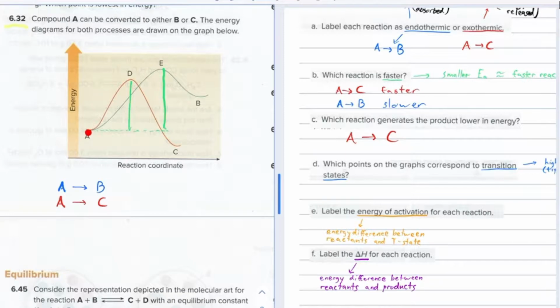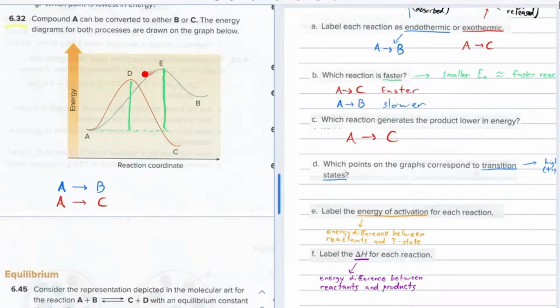So if you're forming B, then the transition state would be this point up here. So E would be the transition state. And if you're going from A to C, then D is the transition state.